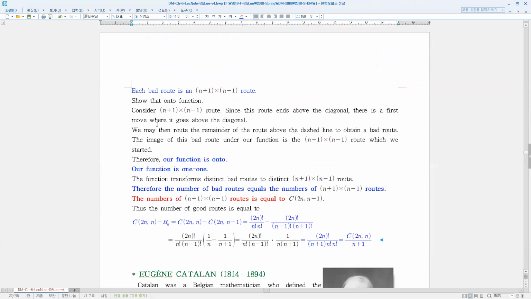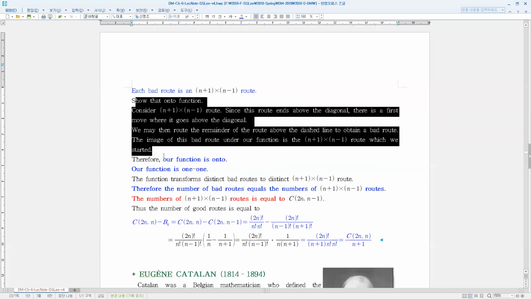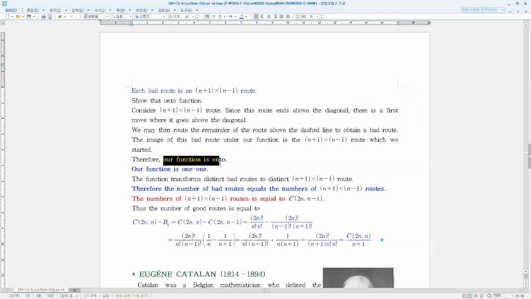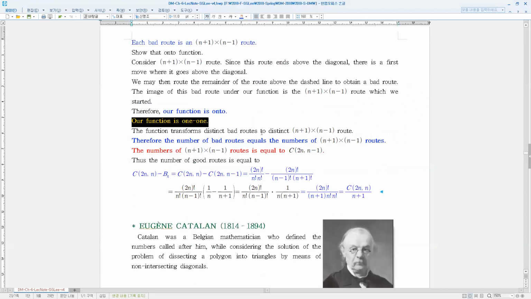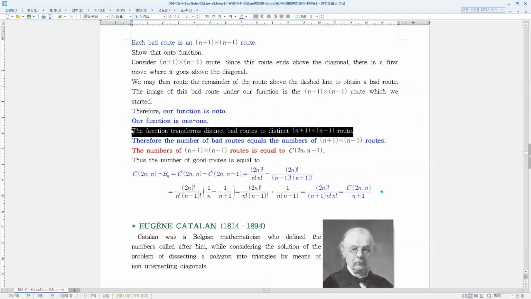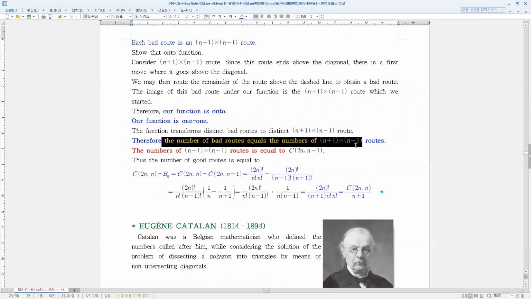Then, with some more argument, we can show that the function is one-to-one and onto. So the function transforms distinct bad roots to distinct n plus 1 by n minus 1 roots, and the number of bad roots equals the number of n plus 1 by n minus 1 roots.